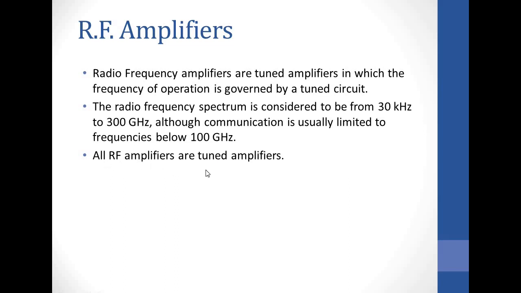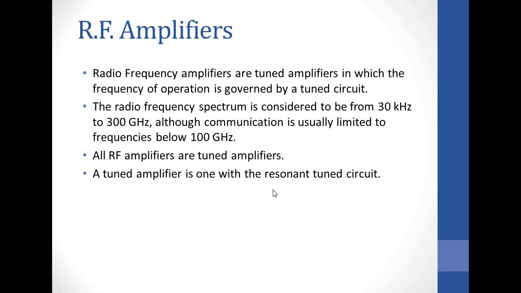So all RF amplifiers are tuned amplifiers, meaning that they use the LC resonant tank for selecting the frequencies they want to amplify. And it is also important for you to note that just one RF amplifier cannot amplify the entire frequency spectrum of RF signals.